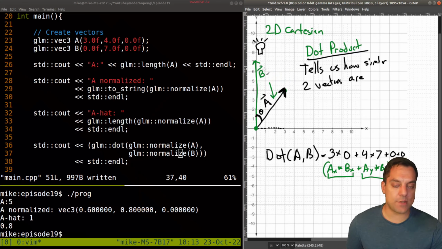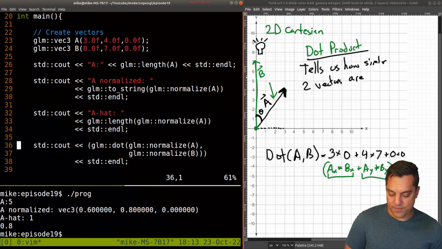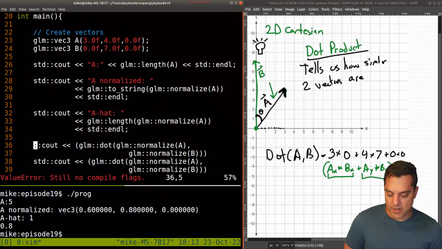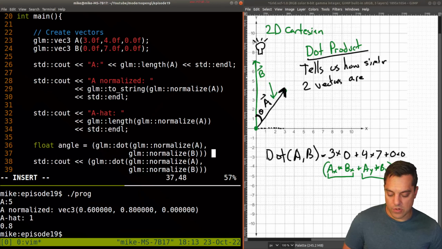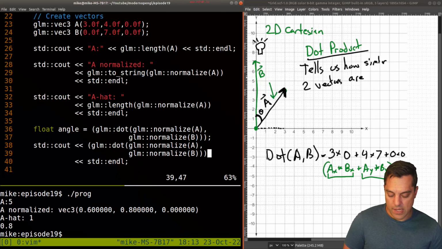But sometimes you might want to figure out the actual angle. So I'm going to copy this and store our angle here. The angle equals this value.